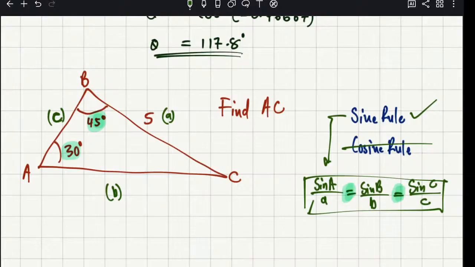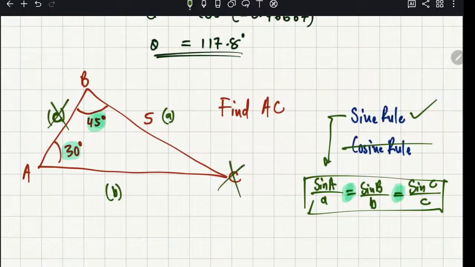You labeled the small sides. Now what you are supposed to do is cancel the letter which is useless. Everybody can see that here we do not need C. C is useless. We don't have the angle at C, and we don't have the side.